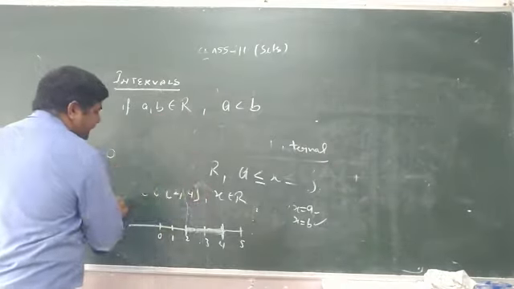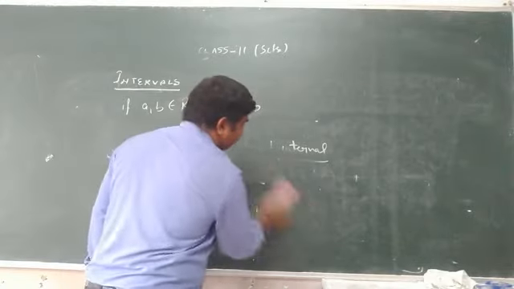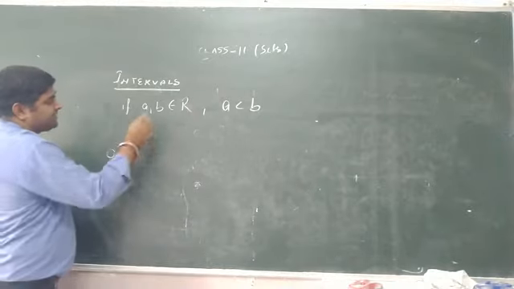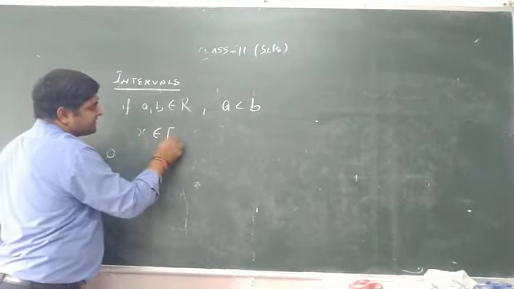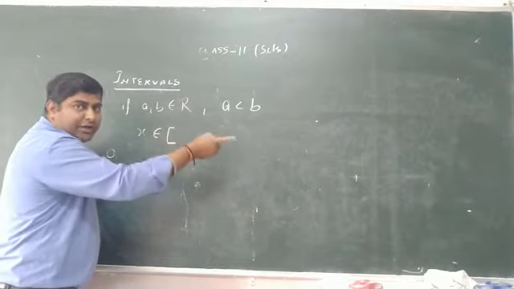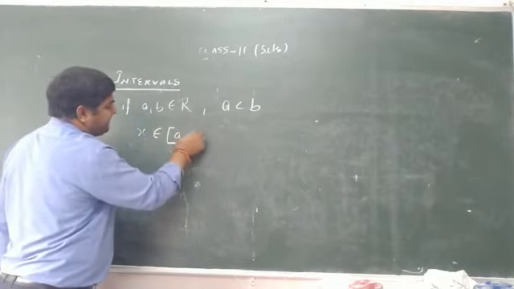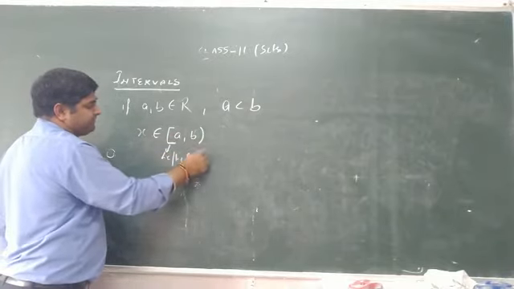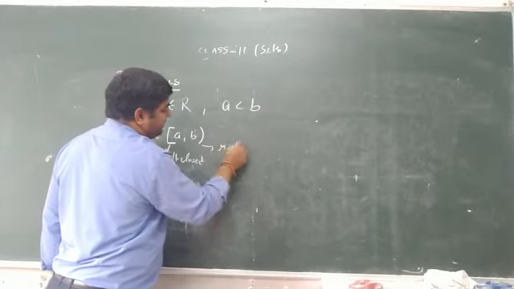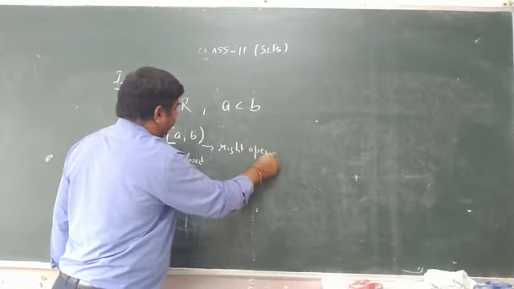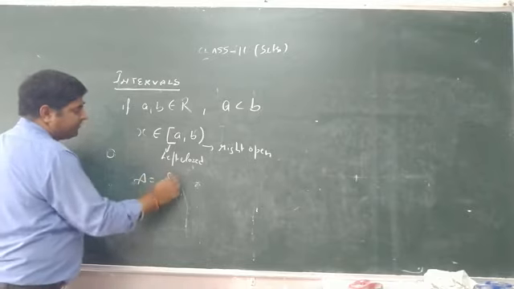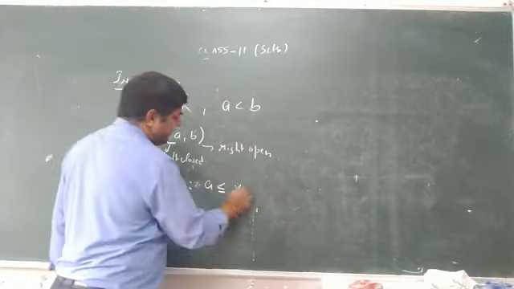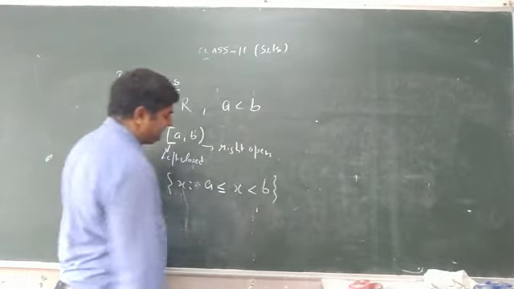Now, let us take A, B belongs to R and A again less than B. X belongs to, this is left closed, right open, [A, B). This is a left closed and right open interval.